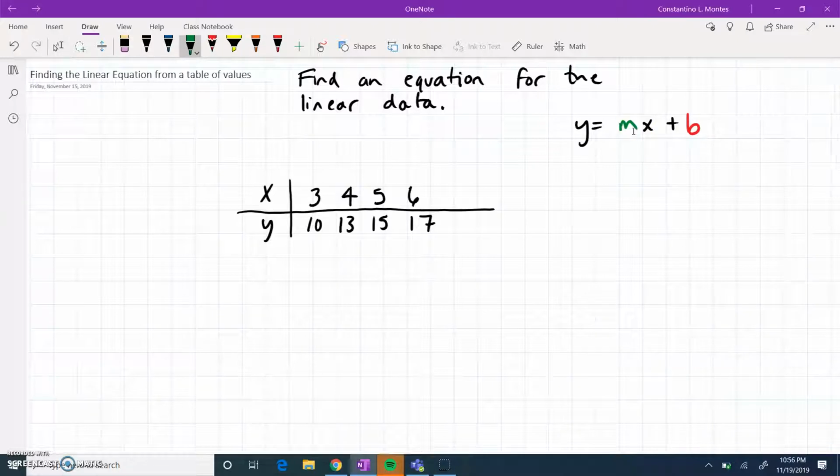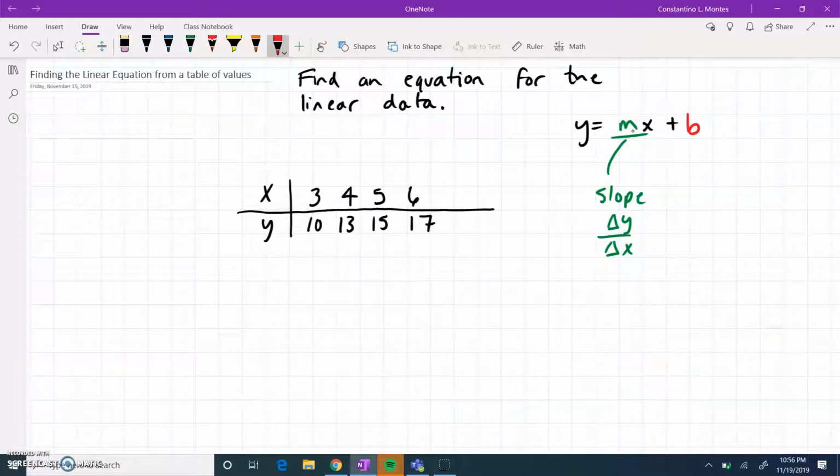We have here the M. The M is representative of the slope of the line or of the graph. But we're going to think of this instead as the change in y over the change in x. That's going to allow us to calculate the slope or the rate of change so that we can find that m piece to that linear equation.